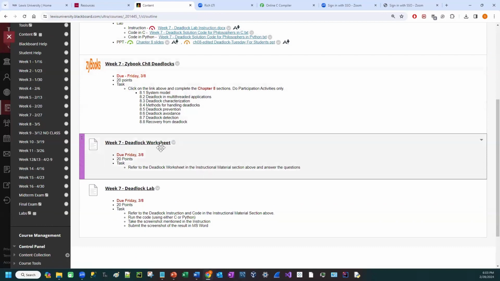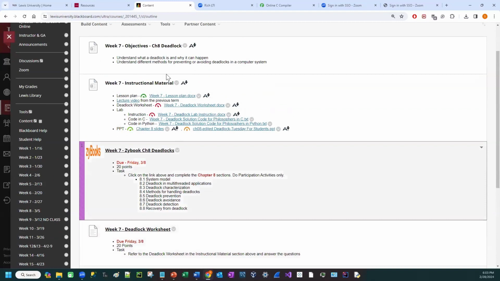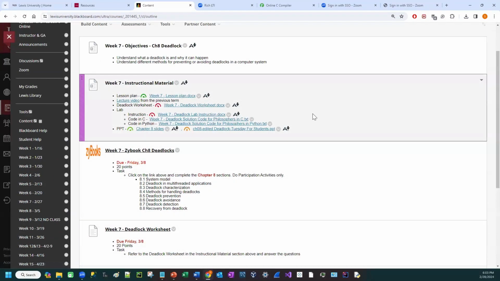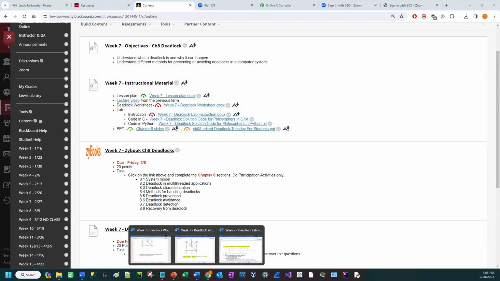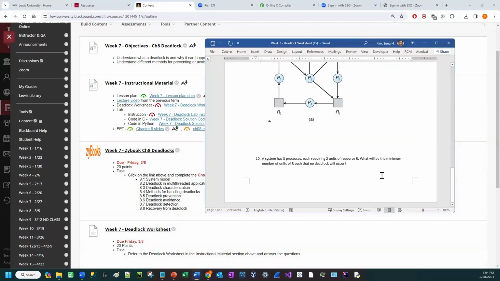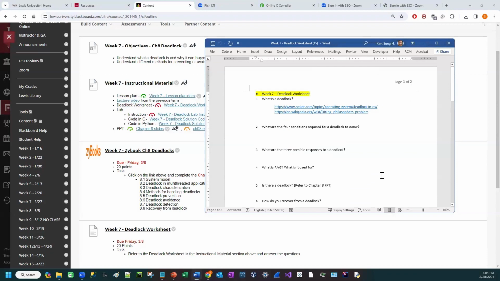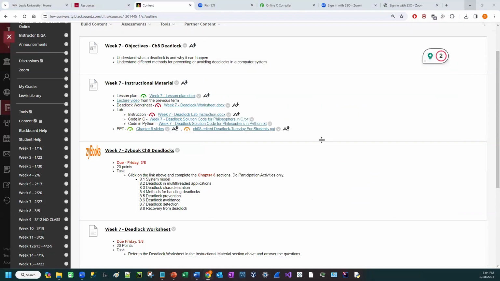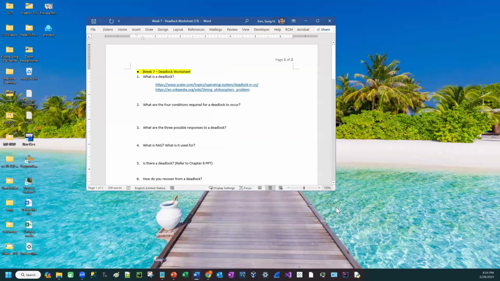So let's do the worksheet. If you go up to the instruction material as usual, here is the deadlock worksheet. If you click on that, I think you'll get this one. I already downloaded it, so you should see this one.